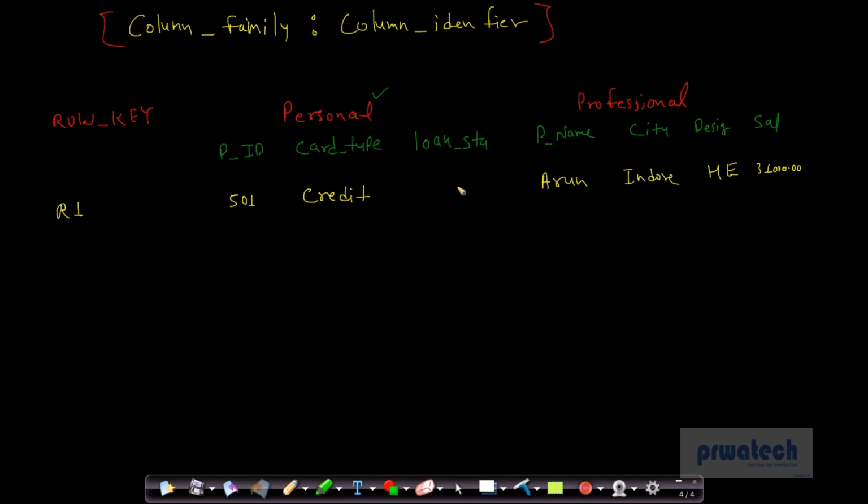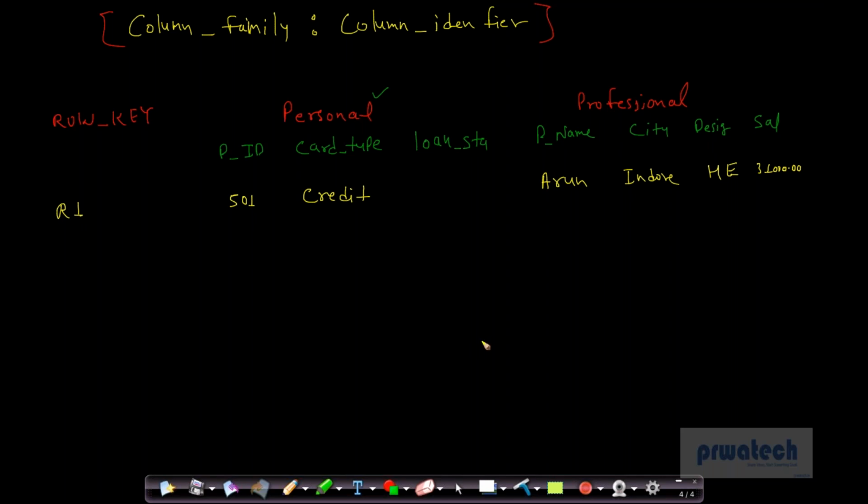This is your first row, which means you can consider that this first row key holds personal data belonging to Arun. All the details of Arun are coupled or bound with this row. So if I want to access anything related to Arun, I access this row key, and then I can get the complete result.